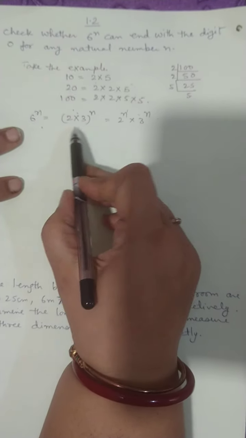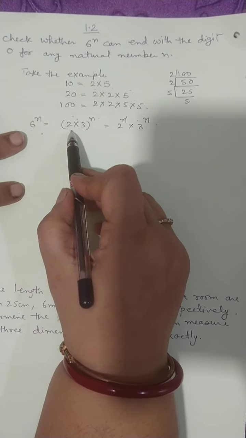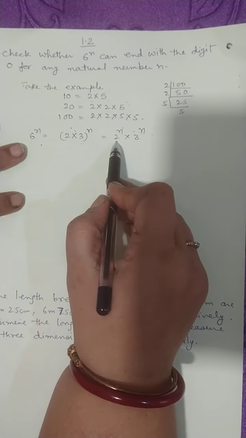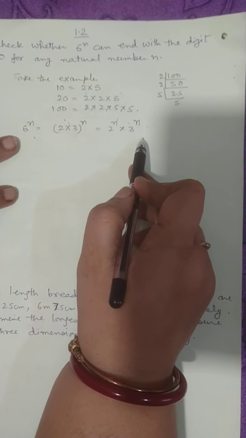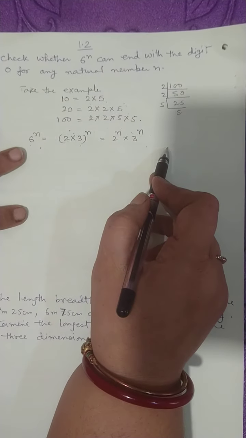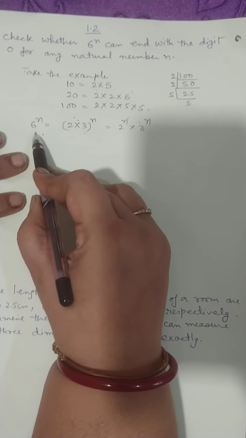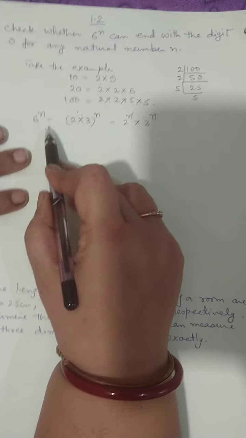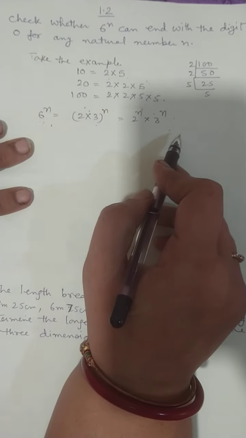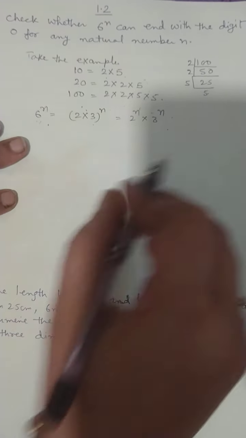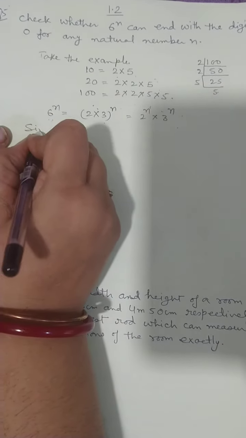The prime factorization of 6 is 2 into 3, and there is no 5 here, and since there is no 5 in the prime factorization of 6 to the power n, 6 to the power n cannot end with the digit 0.